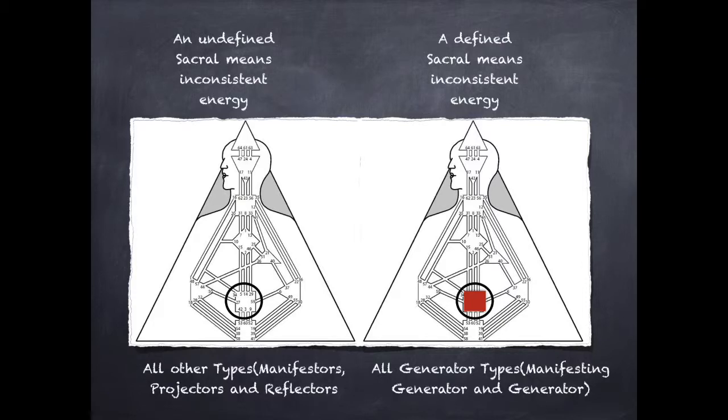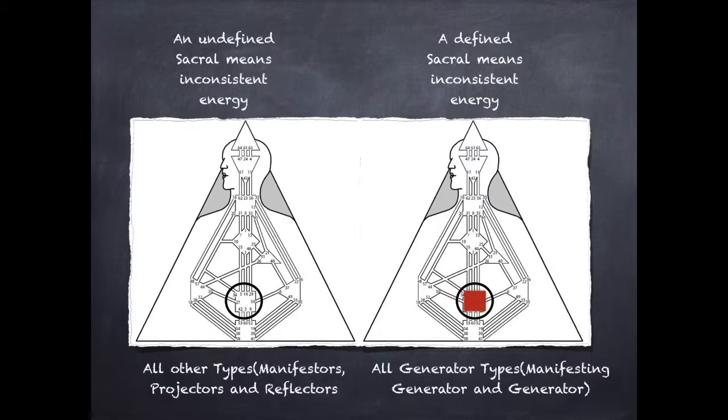And just like a manifestor, a projector can believe that the energy they have is consistent and always available whenever they want it. But that's just not the case. Because of this, when projectors believe that they always have a constant supply of energy at their disposal, they can have what's called burnout. And just like a manifestor, the trick for a projector is to know how their energy works and to use the energy to their advantage, but also to know that the energy cannot be counted on to be there whenever they want it to.